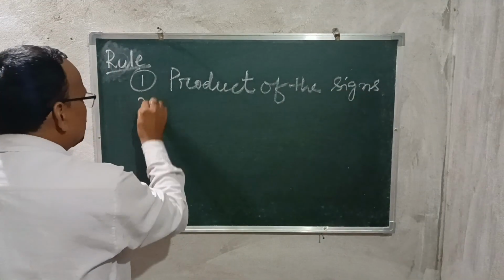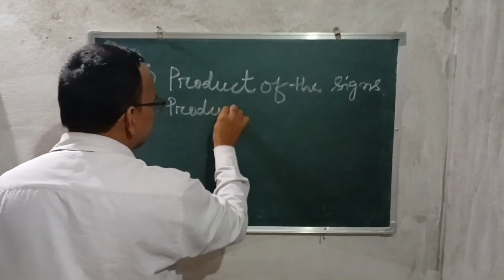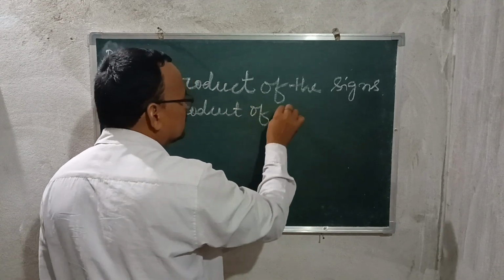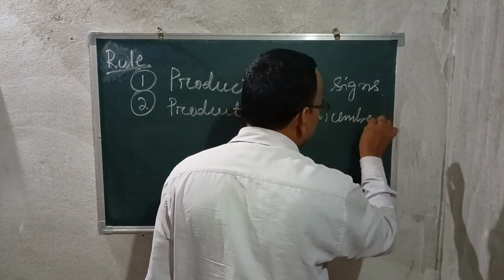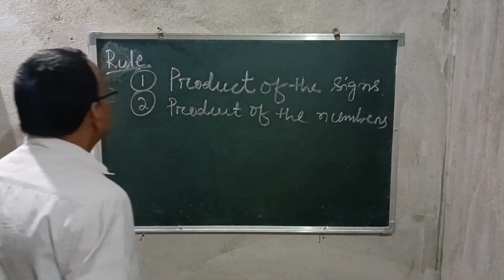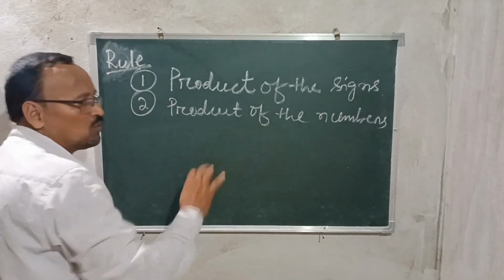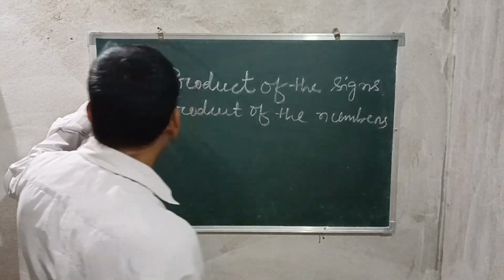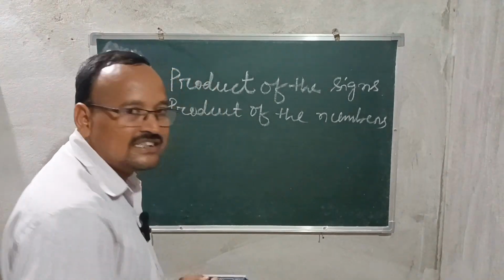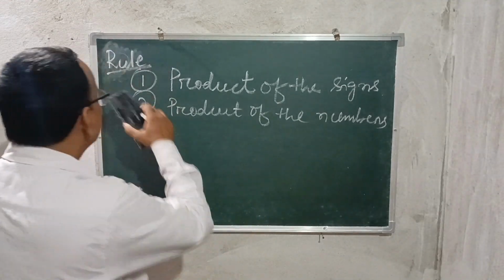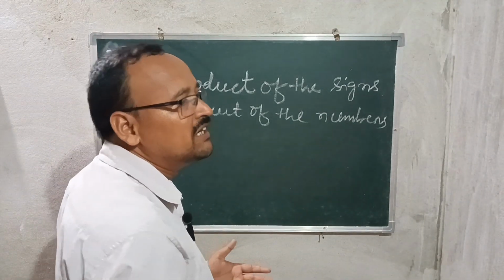Number 2: product of the number. These are the two rules. By following these two rules, we can find the product of two numbers. Let us take examples to follow these rules.